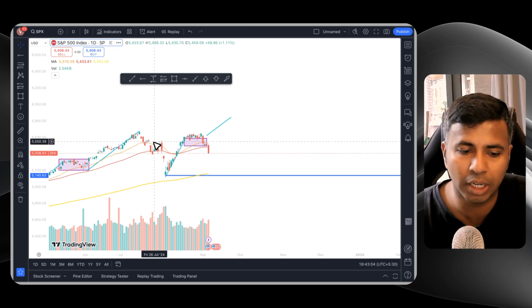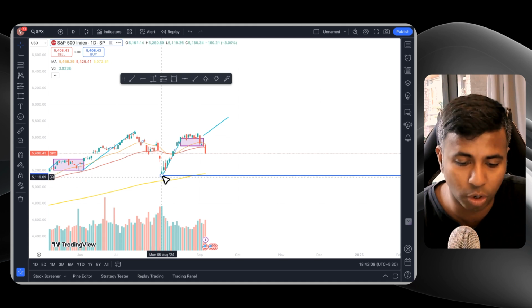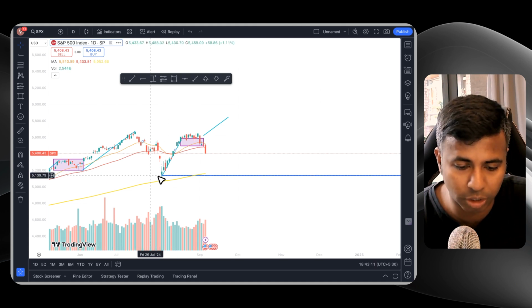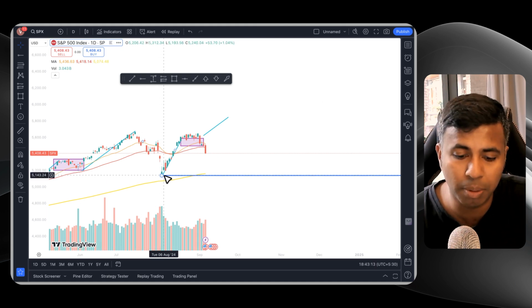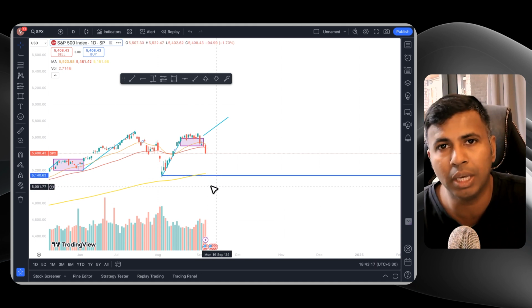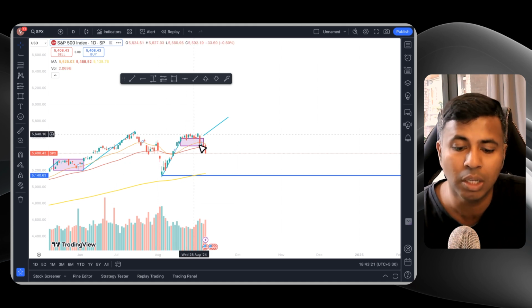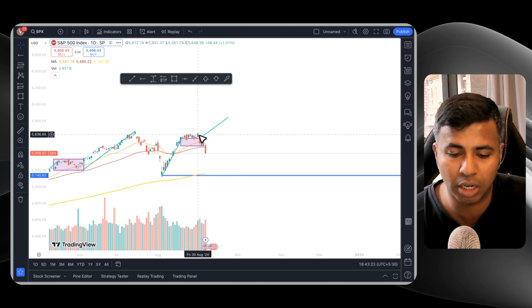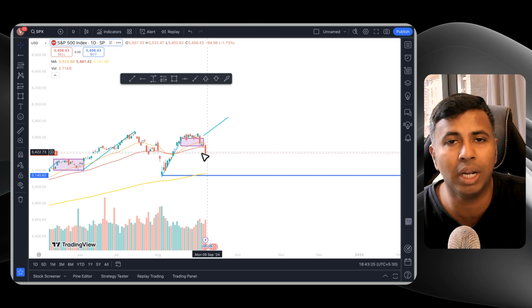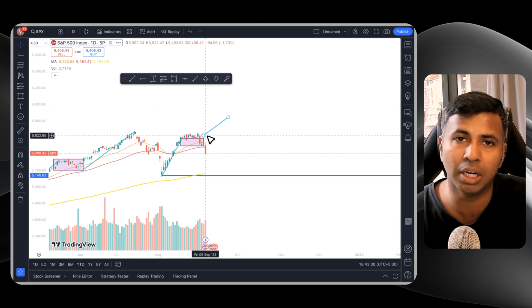Now on a daily time frame, the significant level that we need to watch out for is the August lows around 5,100 levels. If we retest this and break down further, then we'll be in a downtrend on a monthly time frame as well. Right now we are in a downtrend on a daily time frame as well as on a weekly time frame, but on a monthly time frame we are still in an uptrend.